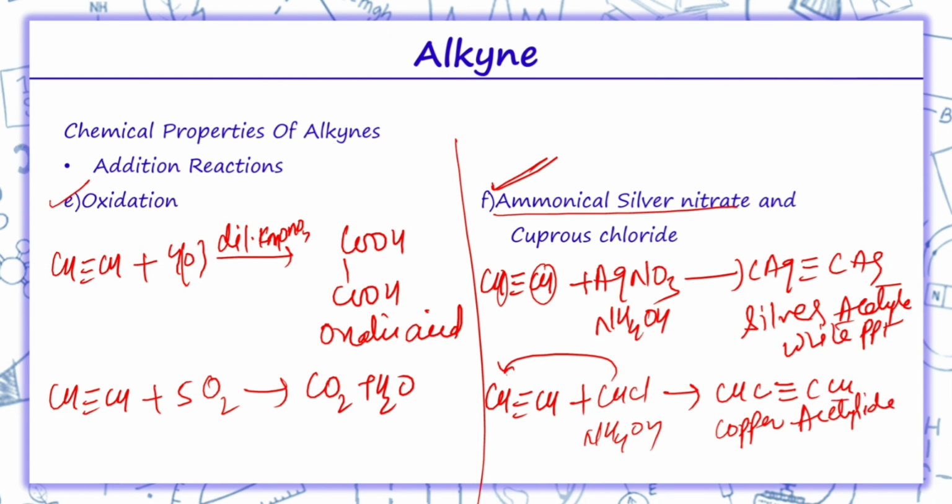This reaction is used only for differentiating alkanes and alkynes, because alkanes do not react with ammoniacal silver nitrate and cuprous chloride. Similarly, alkenes also do not. If it gives a red precipitate with ammoniacal cuprous chloride, that means it is an alkyne.